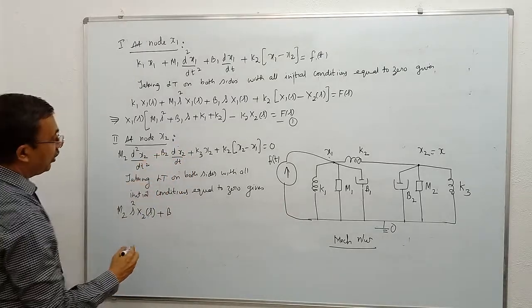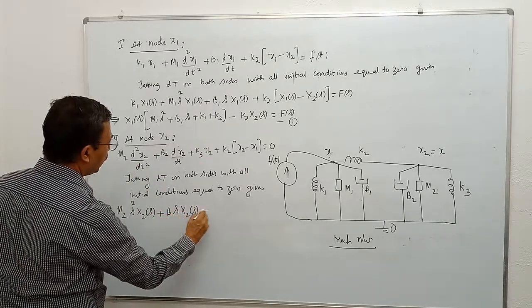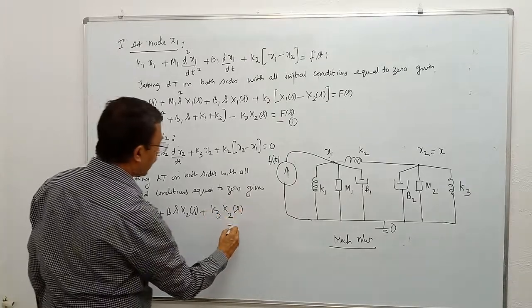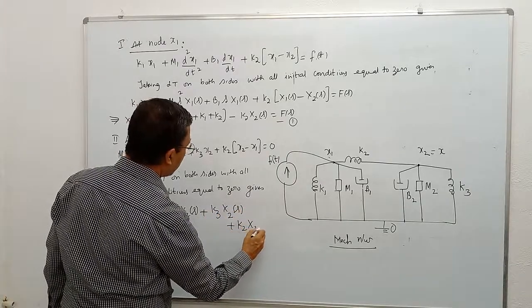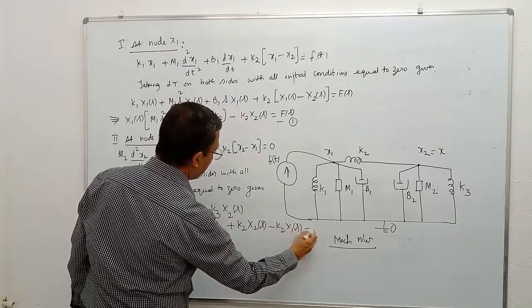Laplace transform of d by dt is s, and initial conditions are 0, so B2 into s into X2 of s plus K3 into X2 of s plus K2 into X2 of s minus K2 into X1 of s equal to 0.